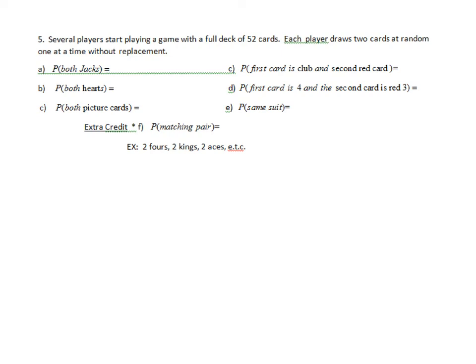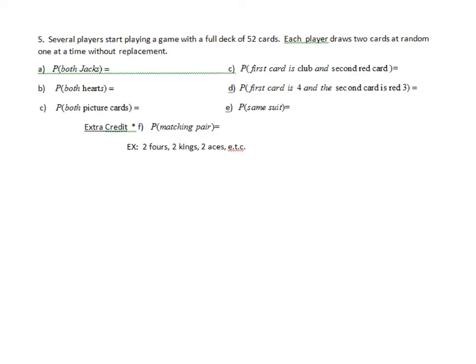I left for extra credit a matching pair. That one is a little bit more challenging. So I want you to think of that for extra credit. Okay. So let's try these. Pause the video and come back to check.